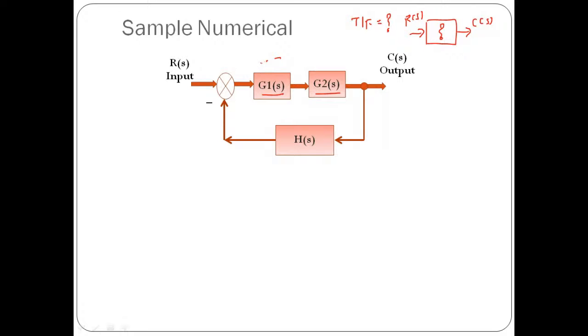So I can club these two blocks into a series combination. And I told you that when the blocks are connected in series, we can represent these two blocks by a single block, and inside that block we write the product of the individual block gains. So it is going to be G1(s) into G2(s). I hope that point is clear to everyone.